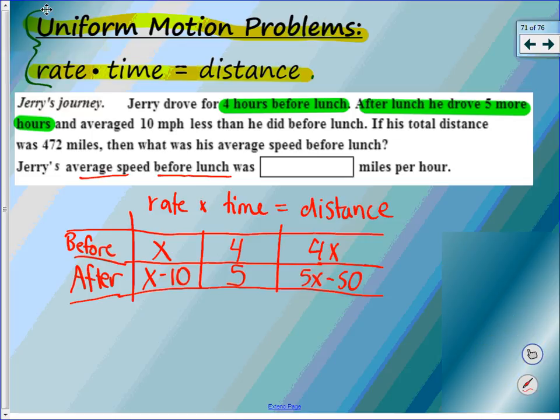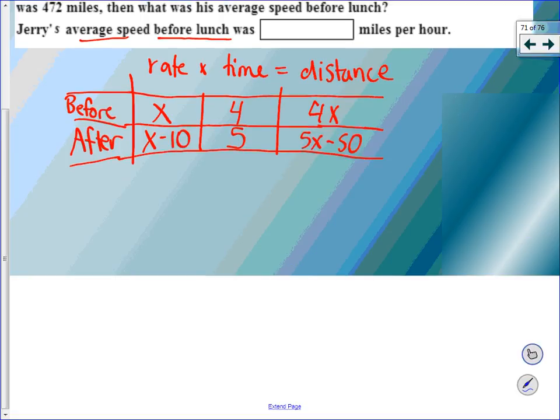Any questions so far? Now, I look to the information that I wrote down. Total distance is 472 miles. Total distance. Distance before lunch plus distance after lunch is 472 miles.